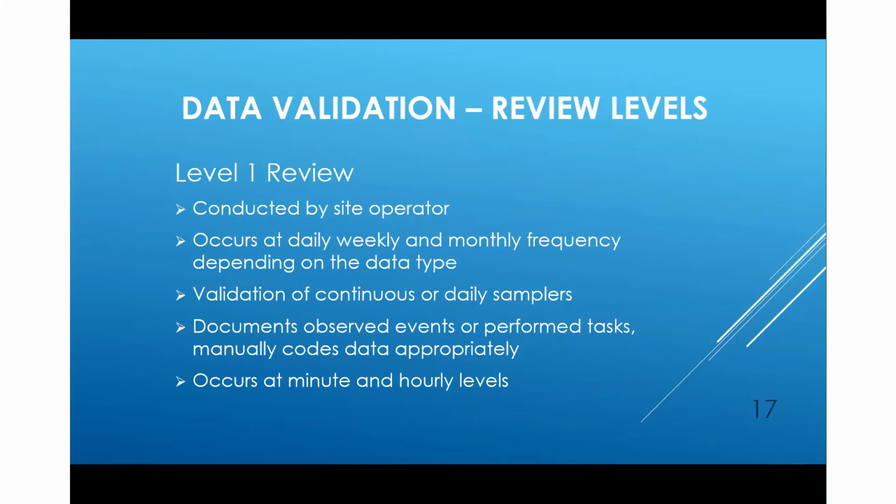Level 1 review is conducted by the site operator. It occurs at daily, weekly, and monthly frequencies, depending on the data type. Validation of continuous or daily samplers documents observed events or performed tasks, manually codes data appropriately, and it occurs at minute and hourly levels.